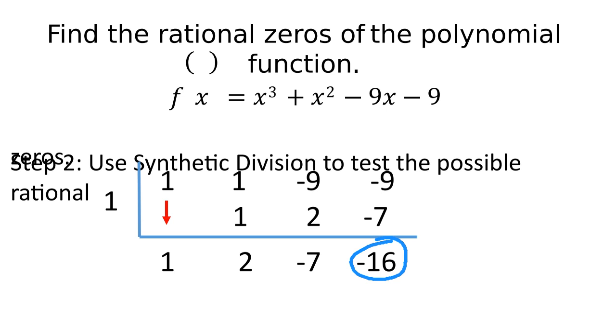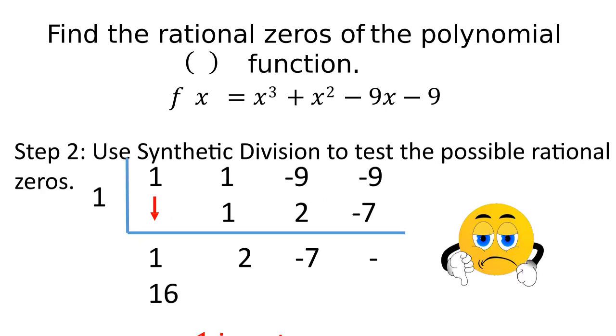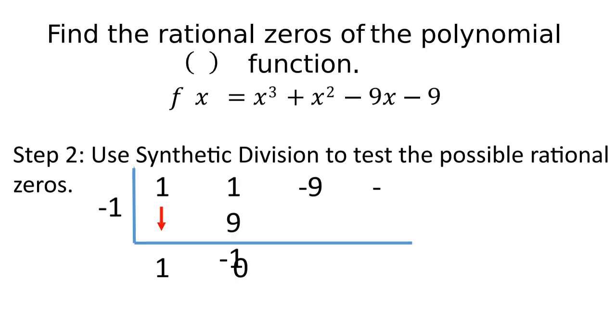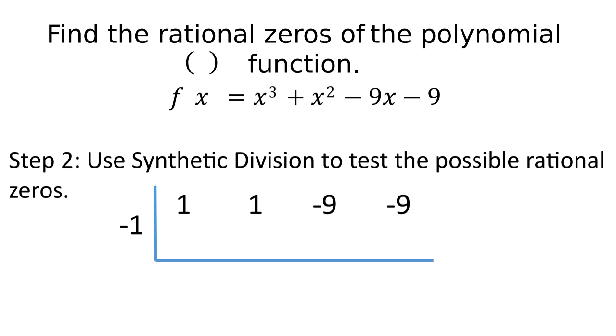So 1 is not a 0 for this polynomial function. So we're going to try another one. Now we're going to try -1. For -1, we do the same steps. Bring the first one down, 1, and then we multiply. 1 times -1 is -1.